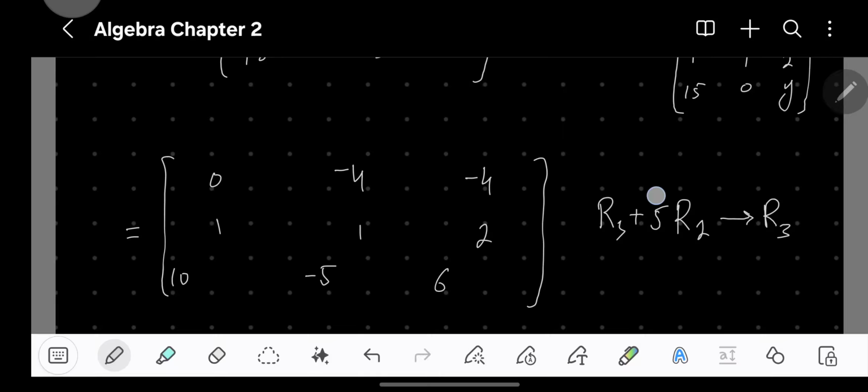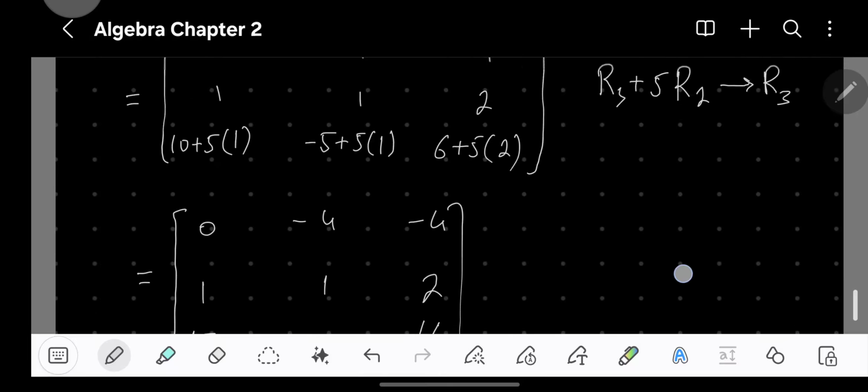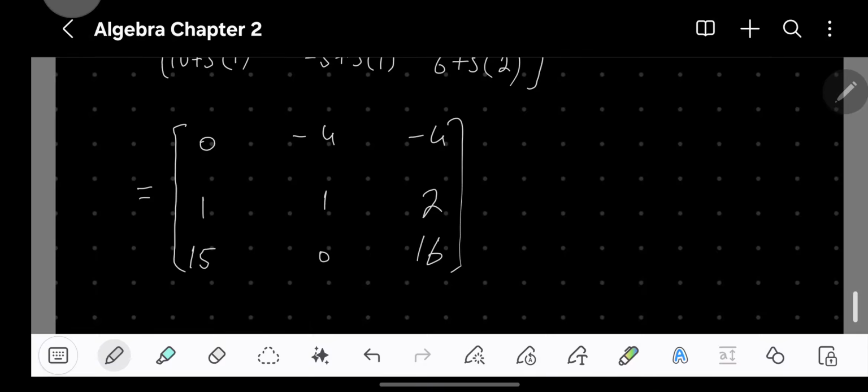But I have to add 5 times R2 everywhere. This is the operation which I have performed, and after simplification, I will get this matrix.